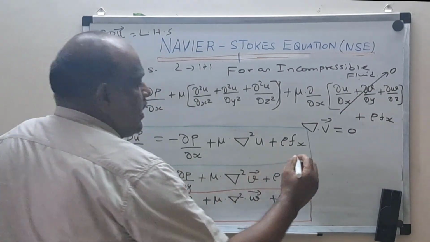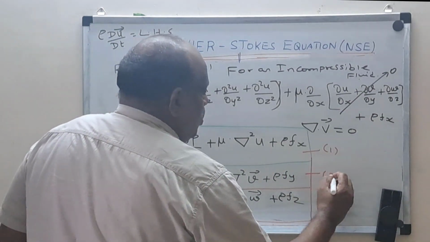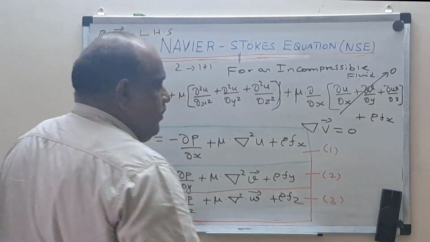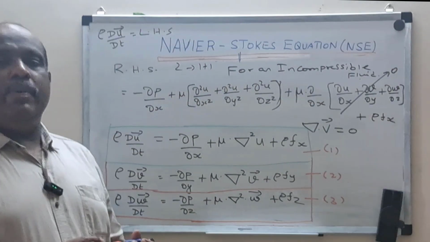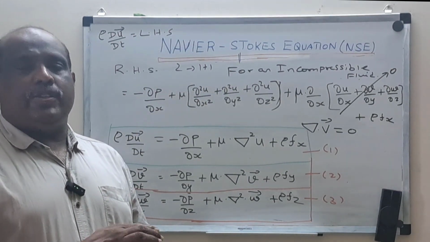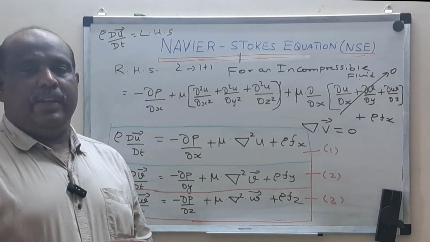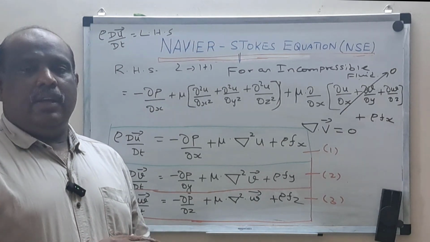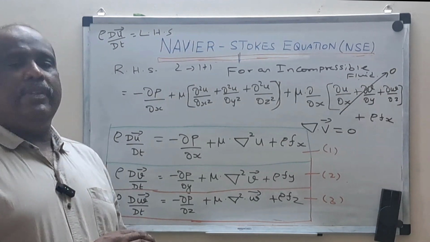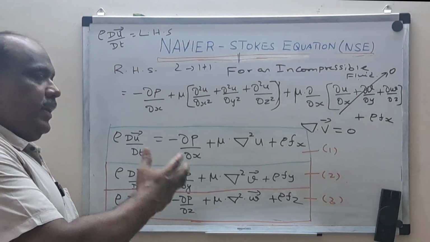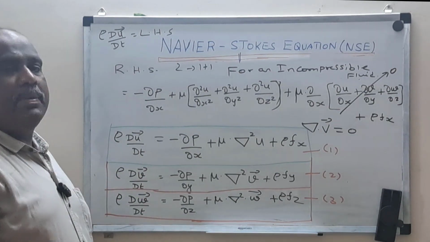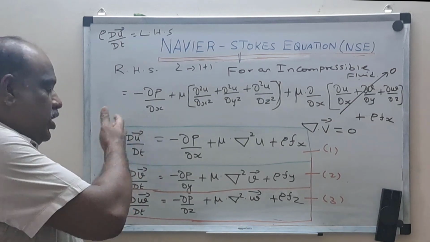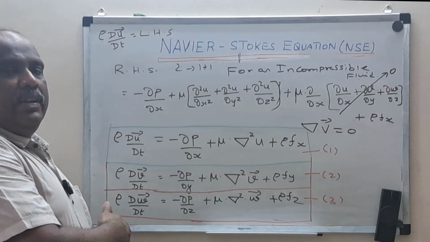So now let us say the equation numbers 1, 2, 3 indicate the x momentum, y momentum and z momentum equations for an incompressible fluid. Let us proceed further to derive the other forms of the Navier Stokes equation for both compressible as well as incompressible by changing the what? The LHS.